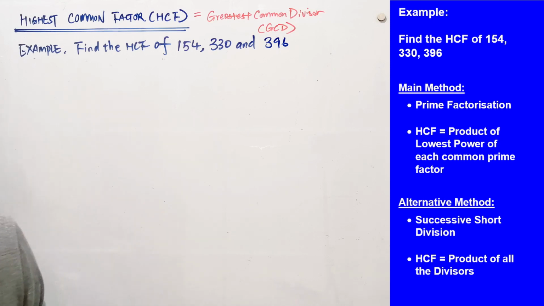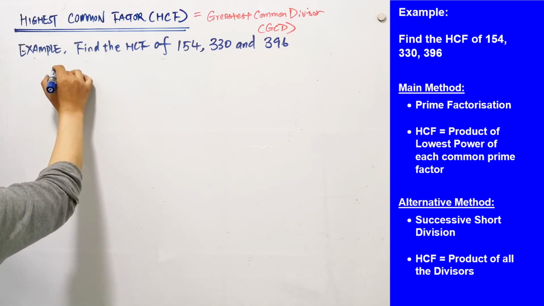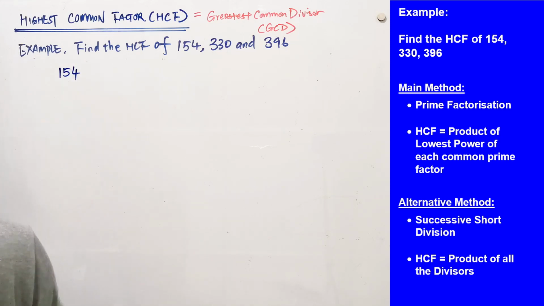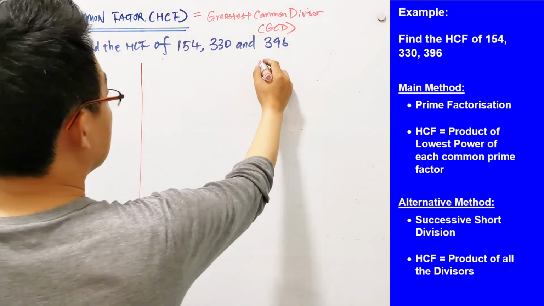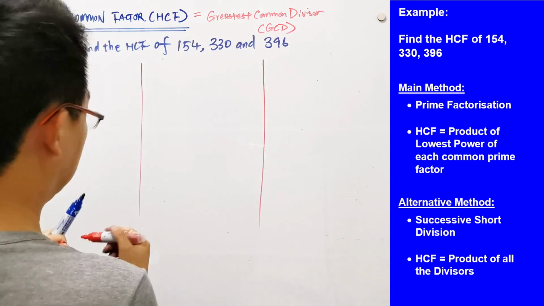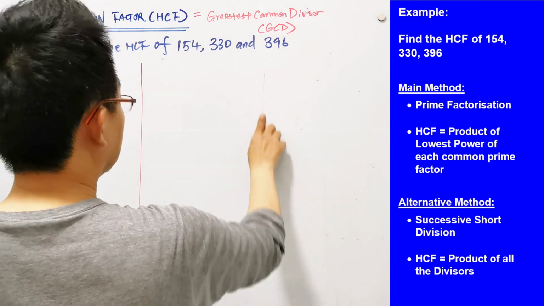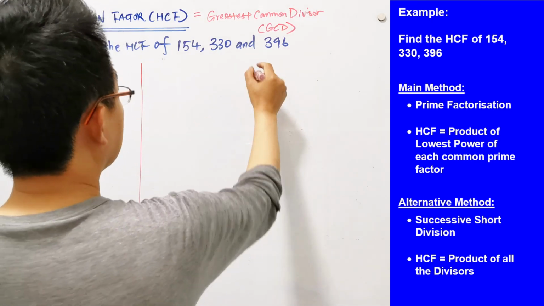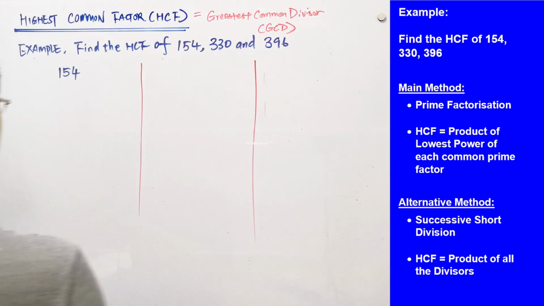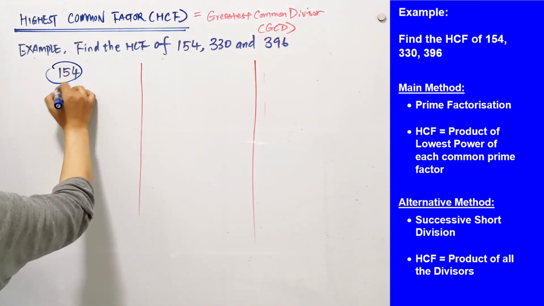So how are we going to do it? Very quickly. 154. Let's draw the line first. So this one, what do we get?